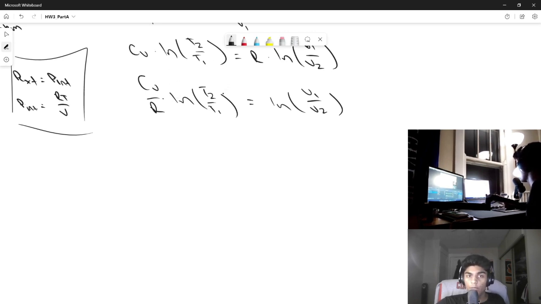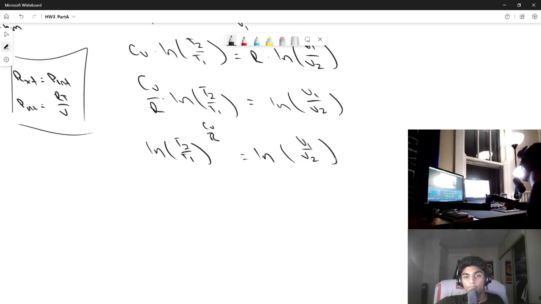So we are essentially looking at natural log of T2 over T1 to the CV over R power equal to natural log of V1 over V2.